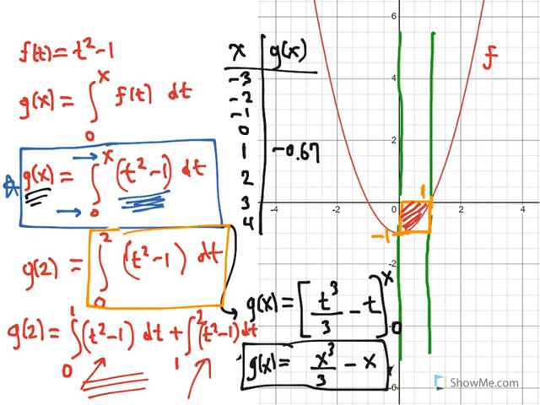The definite integral of t squared minus 1 with respect to t from t is equal to 1 to t is equal to 2. So we interpret this definite integral as the area between the graph of f and the t-axis from t is equal to 1 to t is equal to 2.